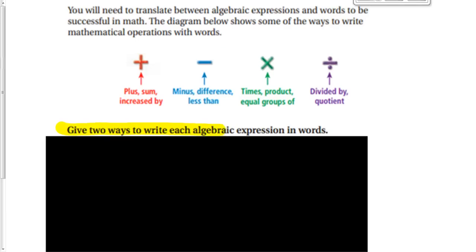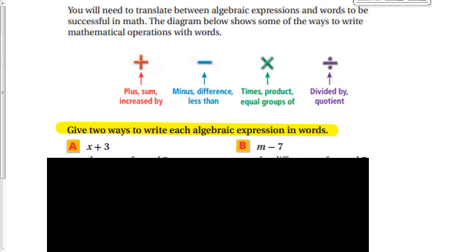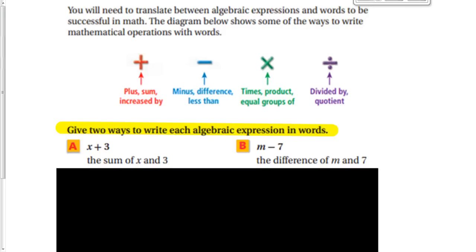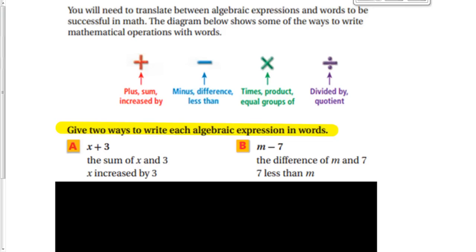Okay. You don't necessarily need to write all of that out, but just know the examples here that we're talking about. So what are 2 different ways that I could talk about A? So I could say x plus 3, or I could say x increased by 3. Okay, and then if we look over at B, m minus 7 would be the difference of m and 7, or 7 less than m.